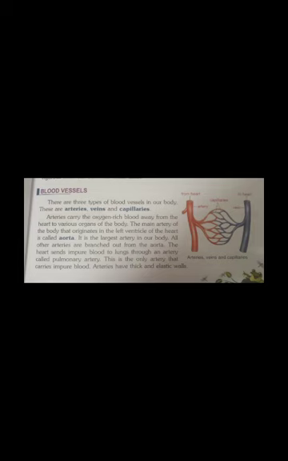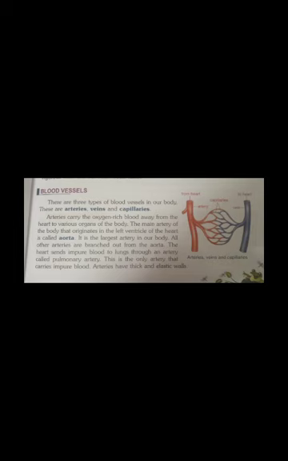Now, blood vessels are generally tubes. As we have all seen in our homes, we have motors to pump water to our tanks, to different taps, right? As the motor pumps the water in the tank, the same work is done by our heart.